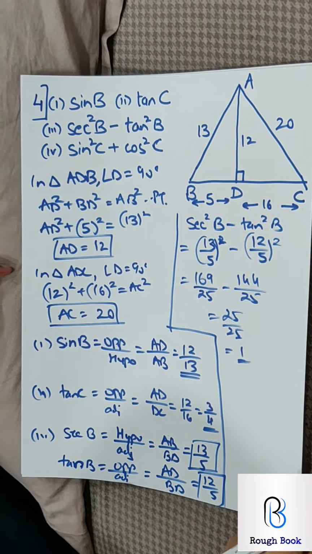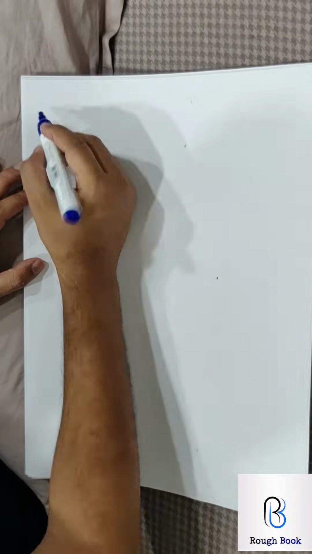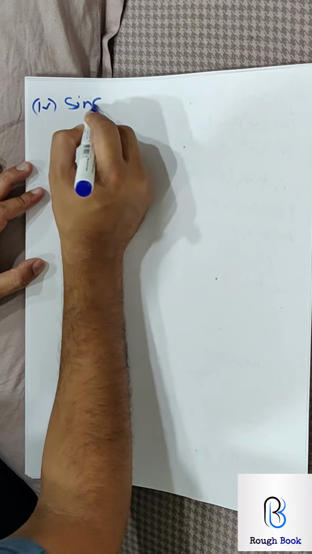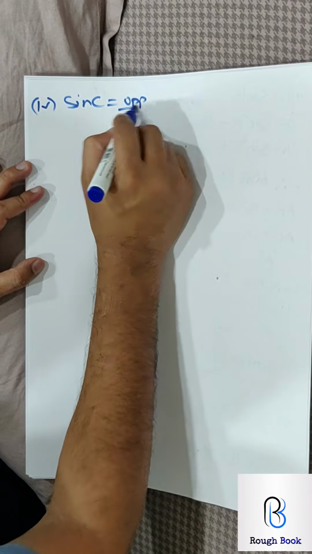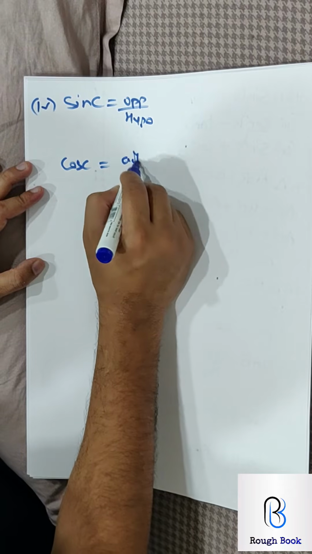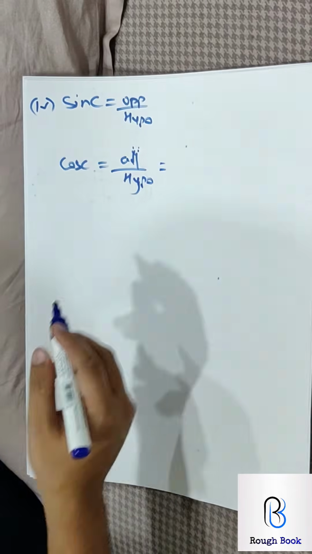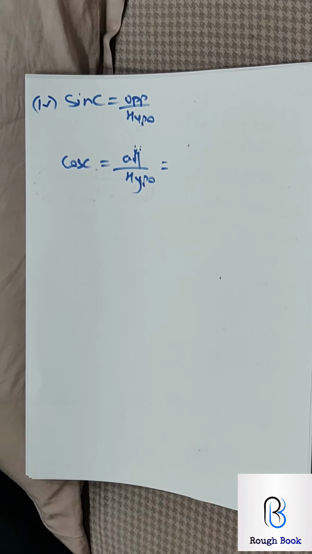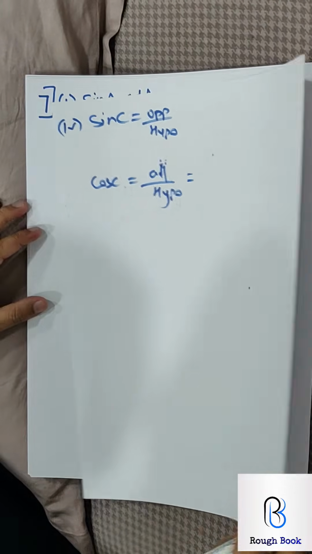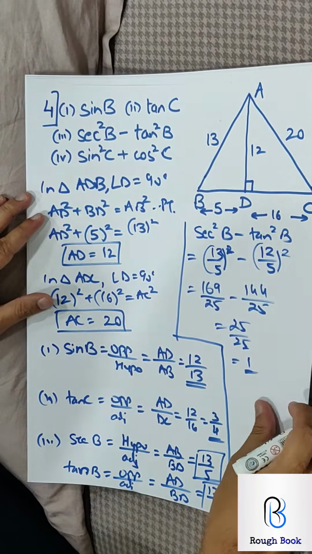Sin C, cos C. Have I found sin C before? No. So I'll have to find both sin C as well as cos C. So sin C is opposite upon hypotenuse and cos C is adjacent upon hypotenuse. So let's look at the ratios to find out the answers. So for sin C, C opposite is AD upon AC.